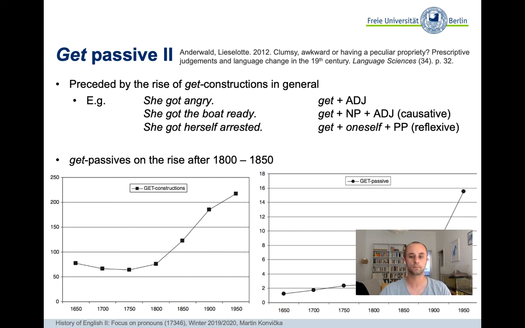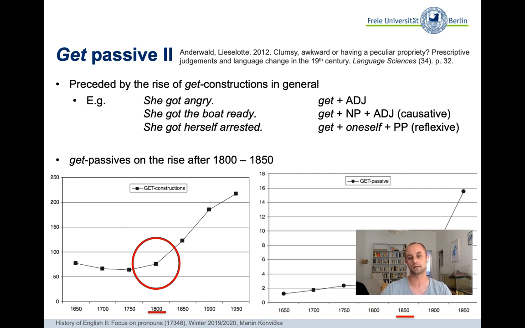Or we even have constructions with get, then a reflexive such as oneself, himself, and so forth, and a past participle: "she got herself arrested," right? So she caused that she was arrested. And this rise of these get constructions happened around the year 1800, so the beginning of the 19th century.